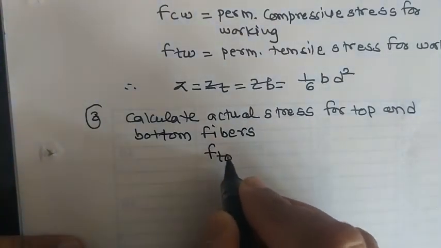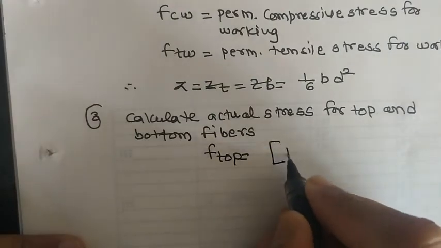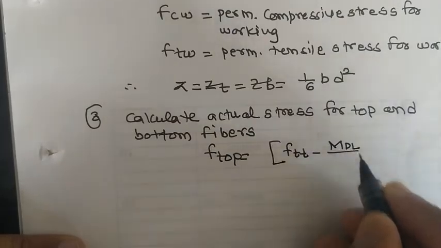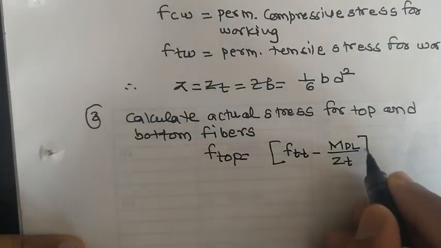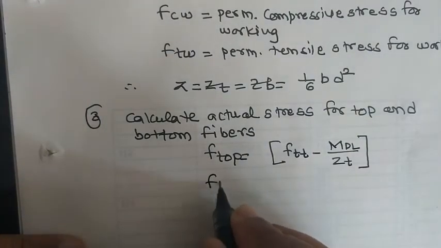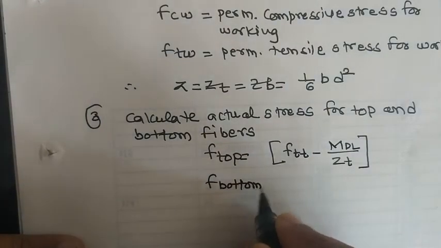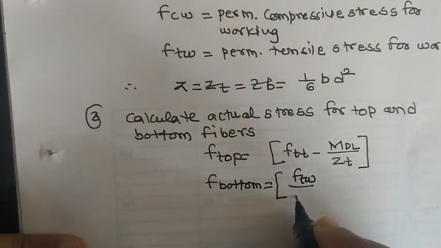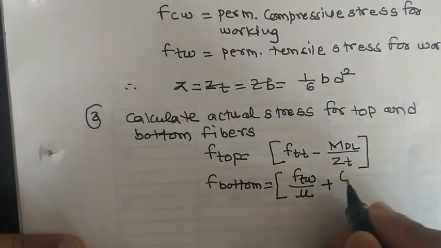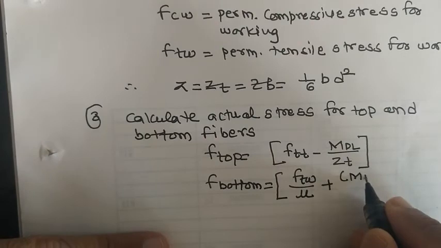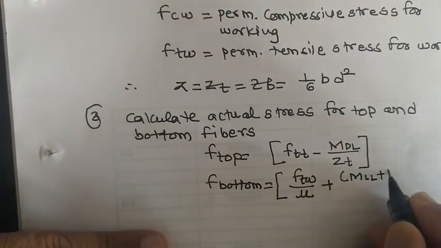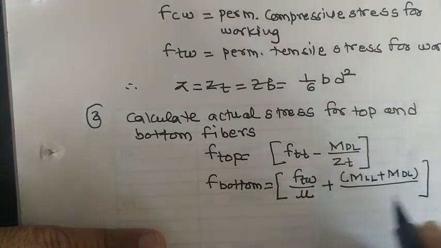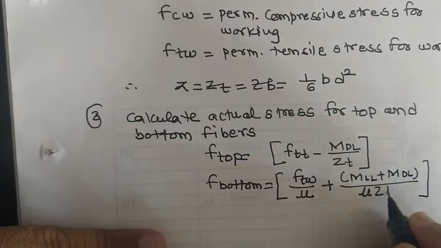So how is the top fiber stress calculated? This is FTT minus MDL divided by Z top. And how is the bottom fiber stress calculated? FTW divided by mu plus bending moment due to live load plus bending moment due to dead load, divided by mu of Z bottom.